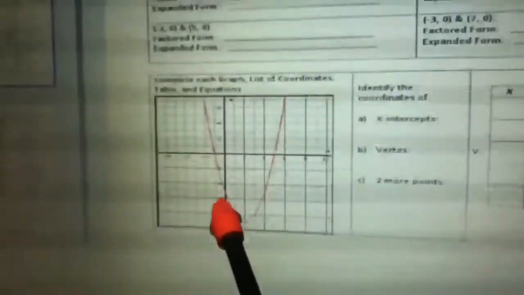And then 2 more points are any points that land on any one of these lines. So we'll do this one. Oh no, my apologies, here. It's 2, negative 9. My apologies. And then here we have negative 5, 0.